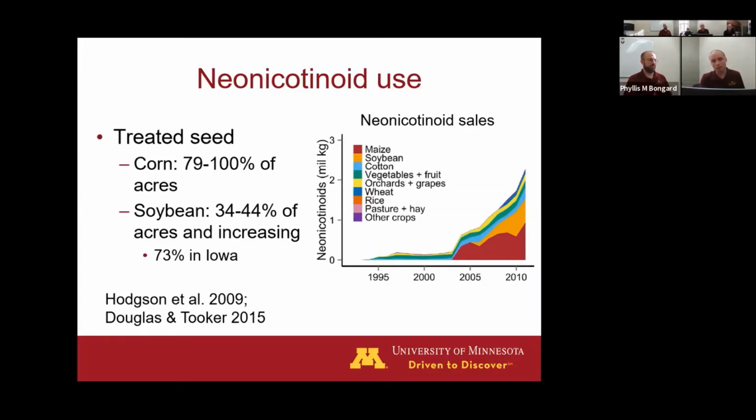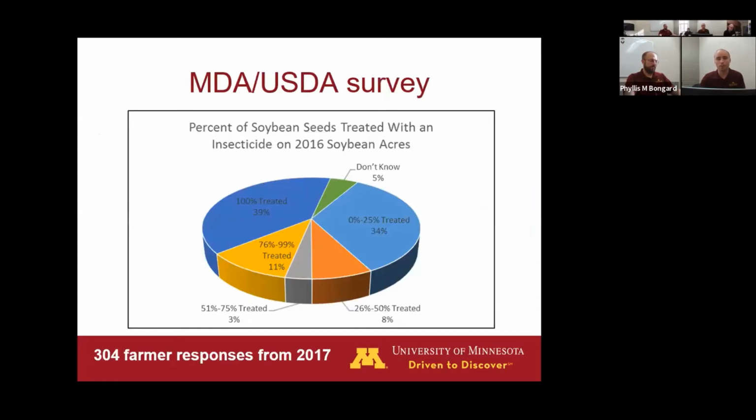And in soybean, that level is lower, but still fairly high, with estimates from 34 to 44% of the acres being treated with these neonicotinoids. And a paper out of Iowa suggested that up to 73% of the soybean acres there were planted to insecticide treated seed, and specifically the neonicotinoid treated seed.